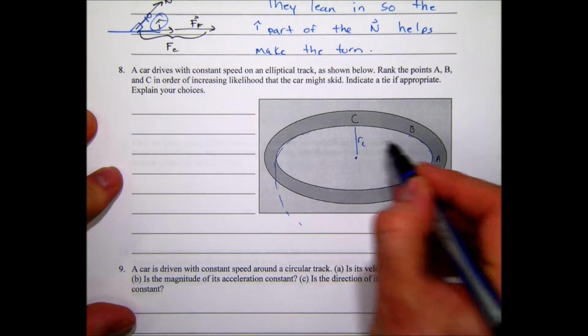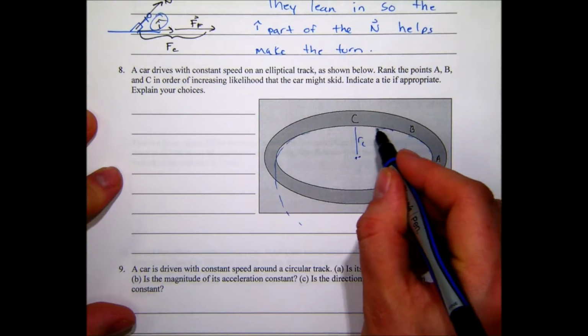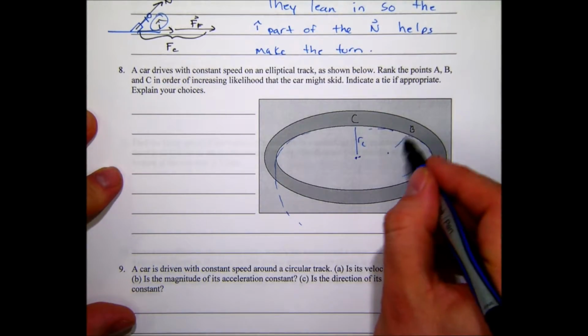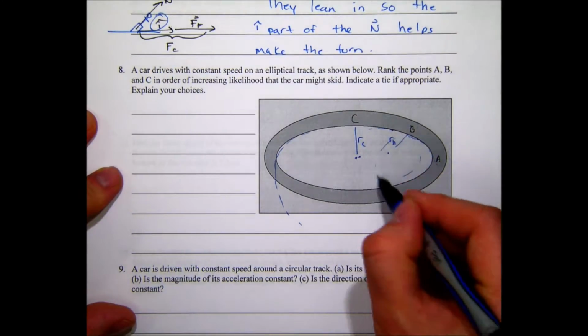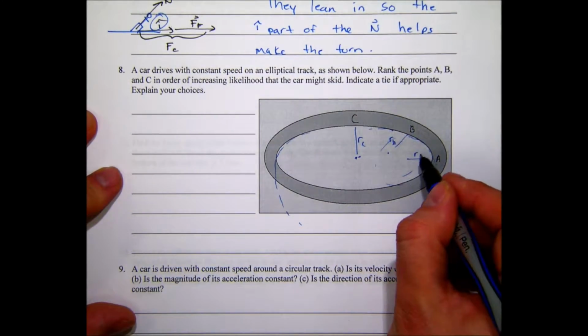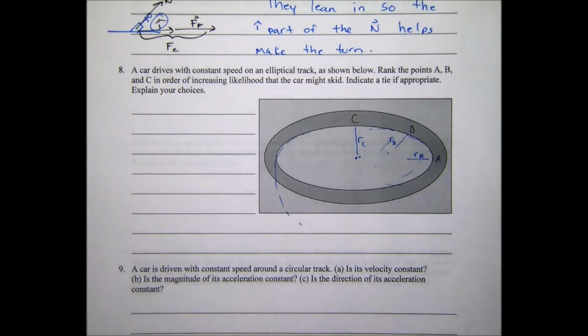The radius at C, the radius of B, and the radius of A are actually different because this is an ellipse.